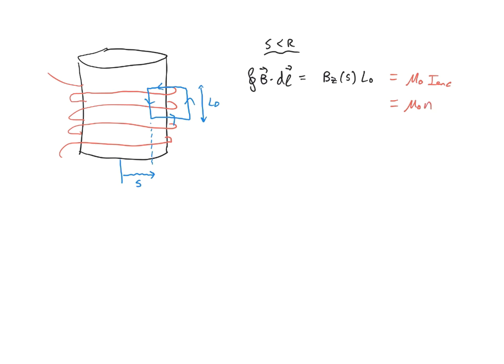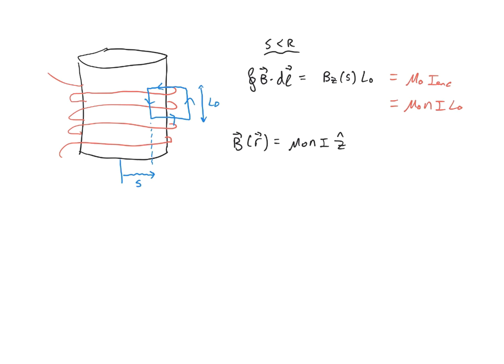It's n loops, and each of them is carrying a current I. So that's the total current n times I that passes through this thing. And it's n loops per unit length, actually, so we need to multiply this by L0, the length. Okay, so we actually have something non-trivial here. We've worked out that the magnetic field is mu naught n I in the z direction.